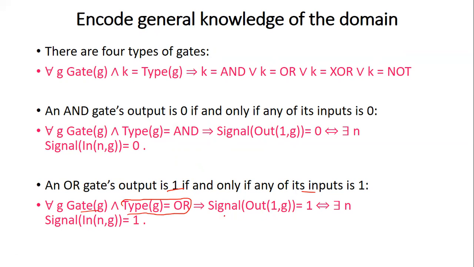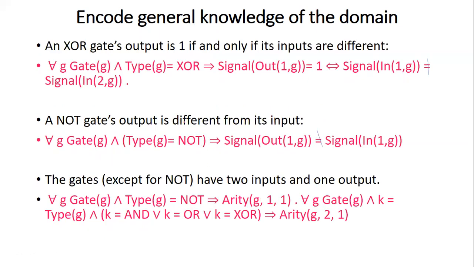The signal of output 1, G will be 1. It is bidirectionally equivalent to saying that there exists an n such that the signal of input n, G is 1, at least one of its inputs is 1. If at least one of the inputs is 1 for an OR gate, then the output will be 1. If at least one of the inputs is 0 for an AND gate, the output will be 0. That's what this rule says.